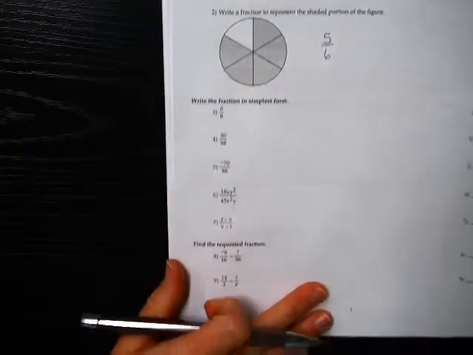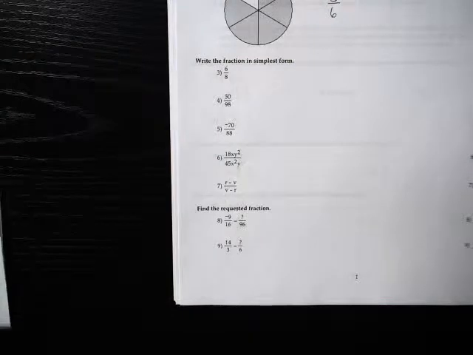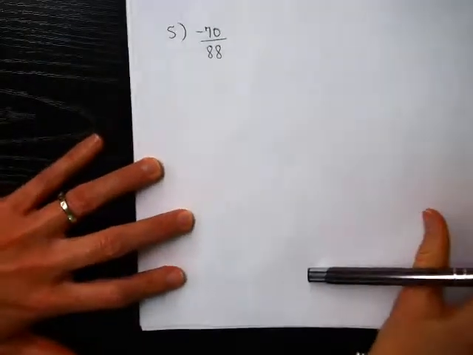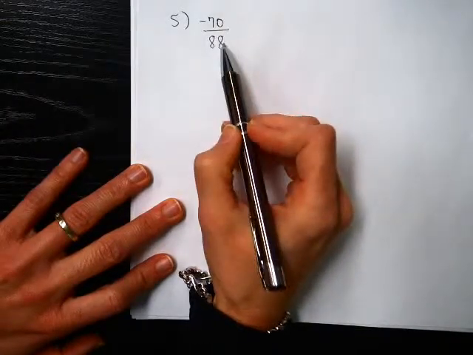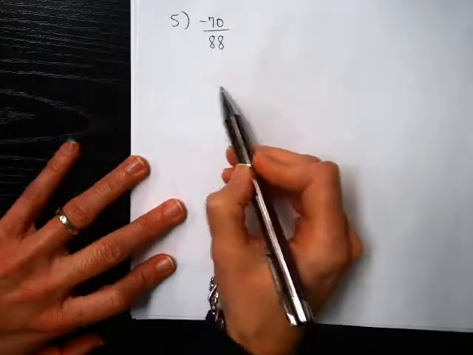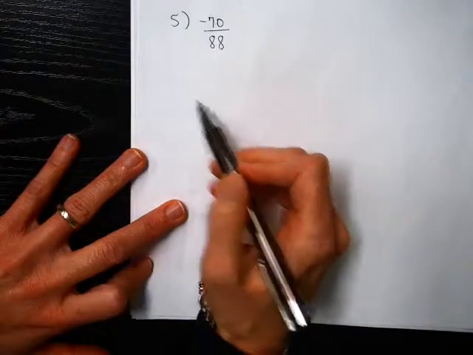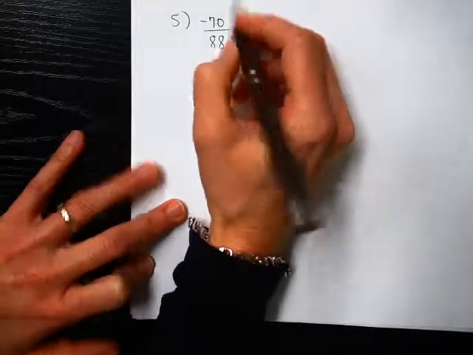Okay, so for number 5, we have a negative fraction. We have negative 70/88. My GCF, I could find by doing prime factorization if I needed to, like we did in chapter 4.